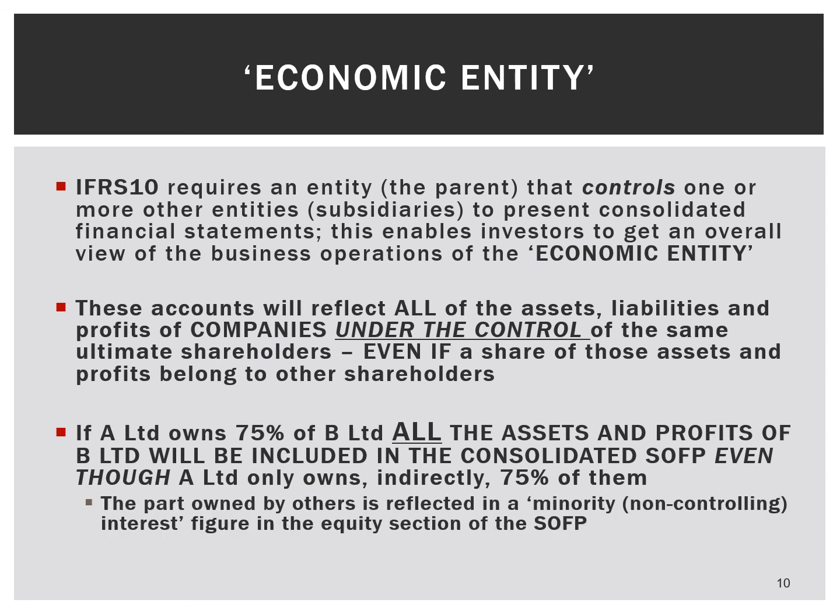In the balance sheet, as we'll see in due course, the part of those assets and profits that belong to other people will be reflected in a minority interest figure that appears as a balancing figure in the balance sheet, in the statement of financial position.